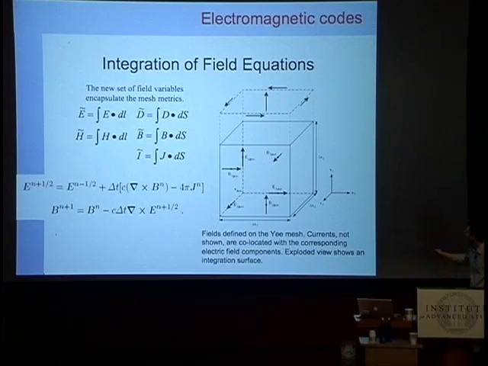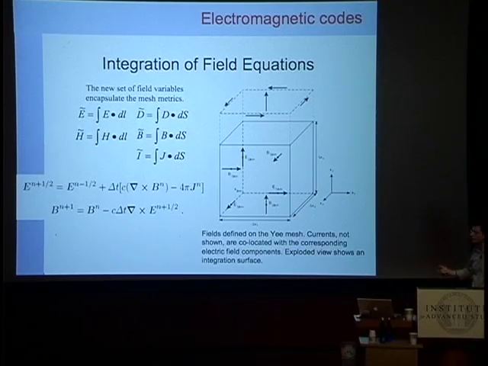So an integral of the magnetic field over the area of this face would be a sum of the electric fields going around the edges of this surface. Okay, so we can evolve the integral of the magnetic field over the surface just by computing the circulation of the electric field around the edges of this grid.